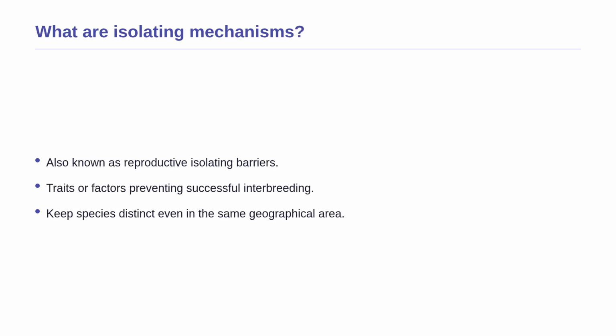Now that we understand the operating system analogy, let us look at the formal biological definition. In evolutionary biology, this invisible wall is called an isolating mechanism, or a reproductive isolating barrier. These are specific biological traits, behaviors, or environmental factors that actively prevent individuals of different species from successfully interbreeding.